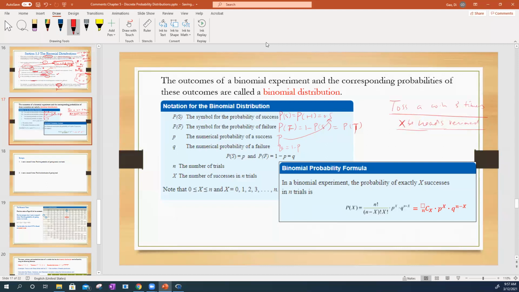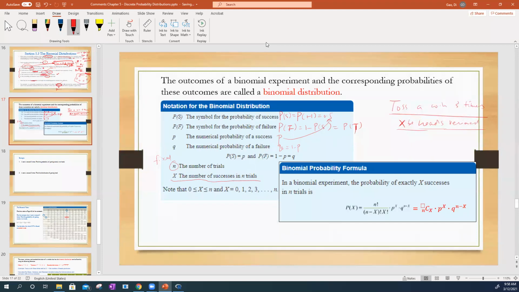And then n is the fixed number of trials. And then x be the number of successes in n trials. So number of heads in 3 tosses is the same as number of successes in n trials.